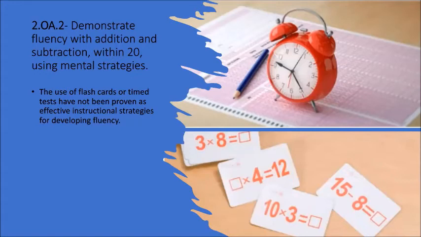The reason why we do not want to use flashcards is because we want learners to know how to use the strategies that were mentioned, how to use mental math, and how to compose and decompose equations when looking at them.